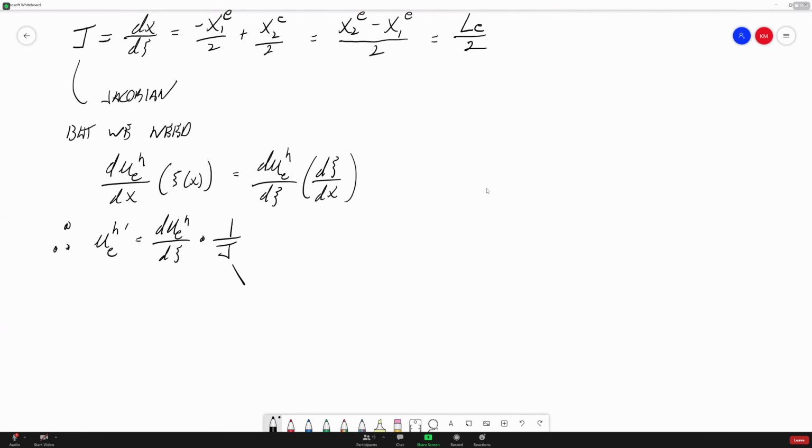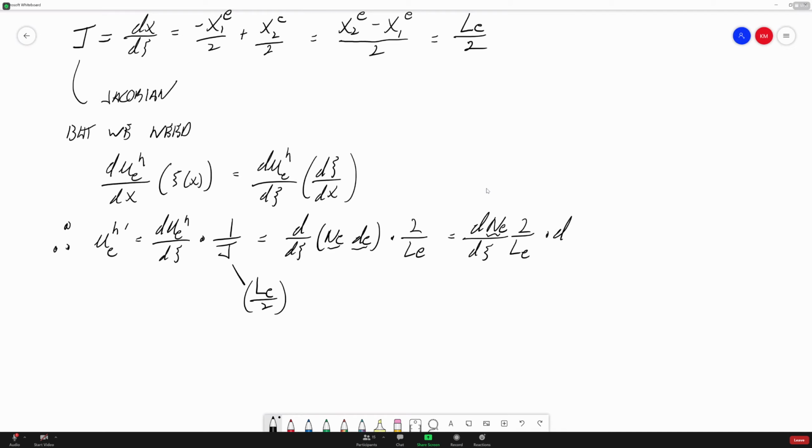And the Jacobian is L^e over 2 for this one, which is equal to d/dpsi of N^e d^e times 2 over L^e, which is equal to dN^e/dpsi times 2/L^e times d^e.